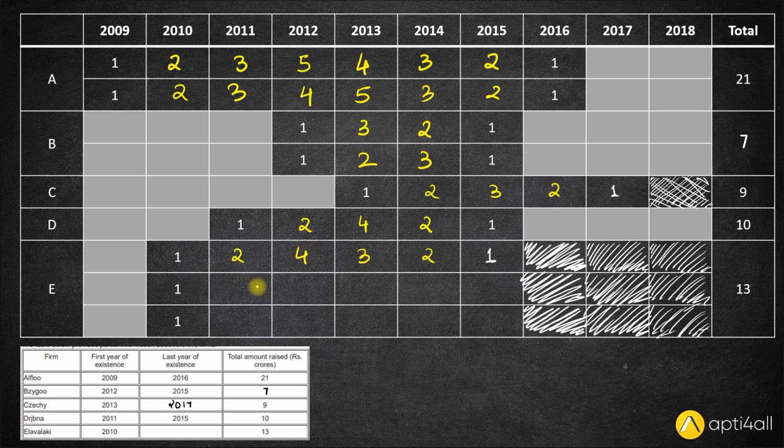One is this is 4, the other is 2, 3, 4. The first case is you add 1 here, or the second case is you add 1 here. In the first, a jump of 2 crores is possible and a decrease of 1 crore later on. In the second, an increase of 1 crore so far, a decrease of 2 crores is possible and then a decrease of 1 crore. So these are the two possible cases if the last year of the company's existence is 2015.